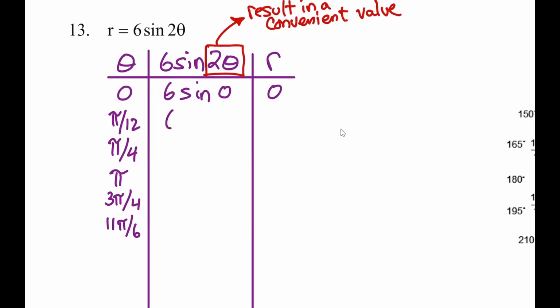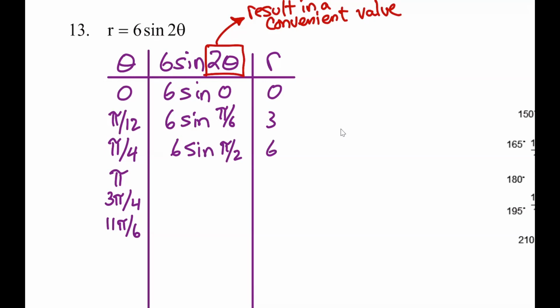Again, the whole reason why we selected these numbers, sine pi over 6, because 2 times pi over 12 is pi over 6. Sine of pi over 6 is a half, times 6 is 3. Pi over 4, doubled is pi over 2. Sine of pi over 2 is 1, times 6 is 6.